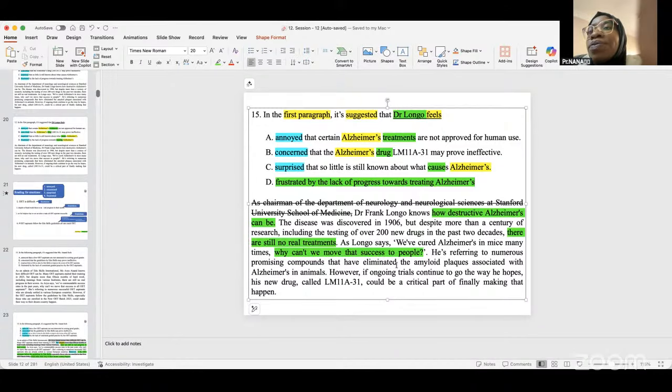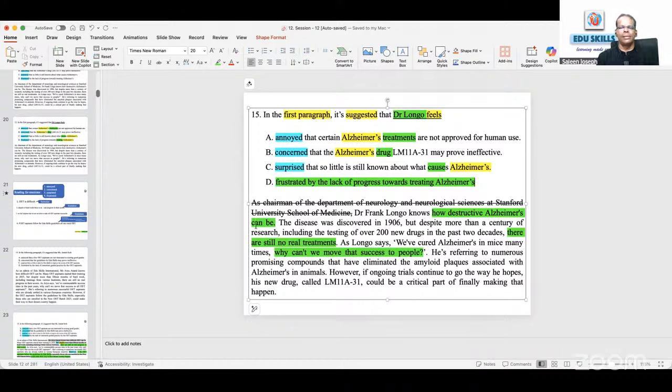That's why I said, unless you understand the questions, it's very, very hard to locate the answers in the text. If you understand the strategies, you don't require to understand everything in the passage. More than 50% of the time, you need not read even half of the passage. Maybe 1 or 2 sentences will be enough once you are competent. Dr. Frank Longo knows how destructive Alzheimer's can be.